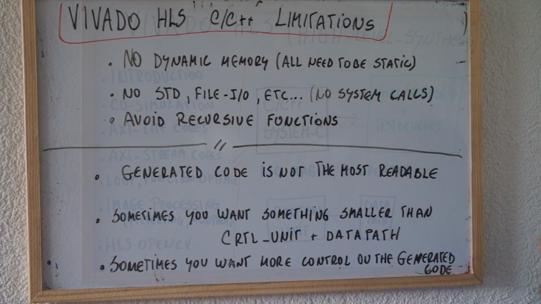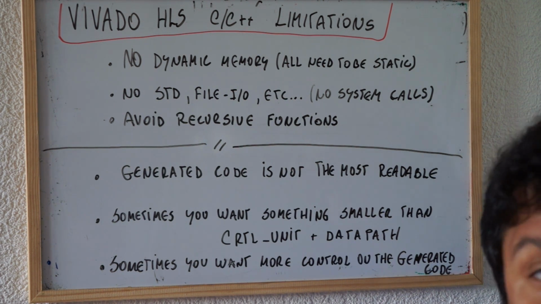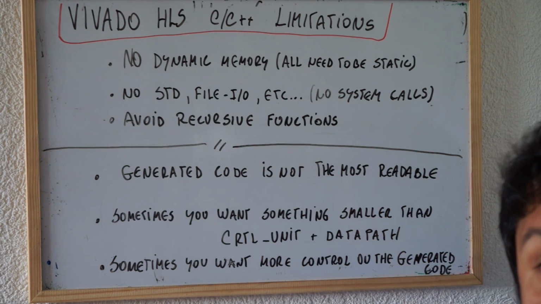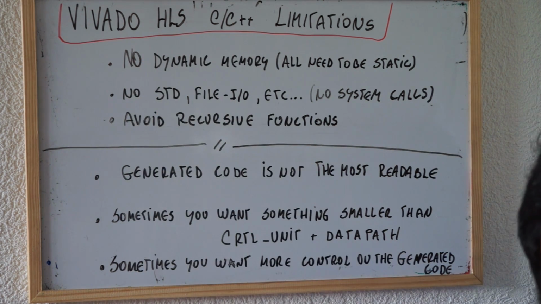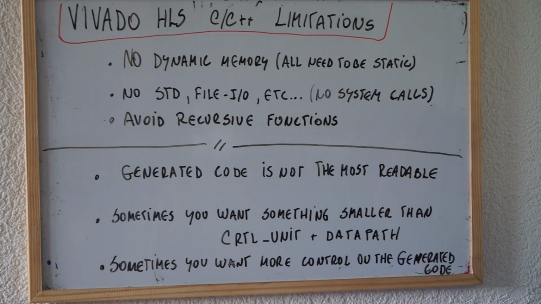Okay guys, Vivado HLS cannot just take any C or C++ code and generate Verilog or VHDL code from it. There are some limitations in Vivado HLS. For instance, the C++ code that you're going to synthesize into the IP core cannot have dynamic memory allocation, so no malloc, free, new or delete.